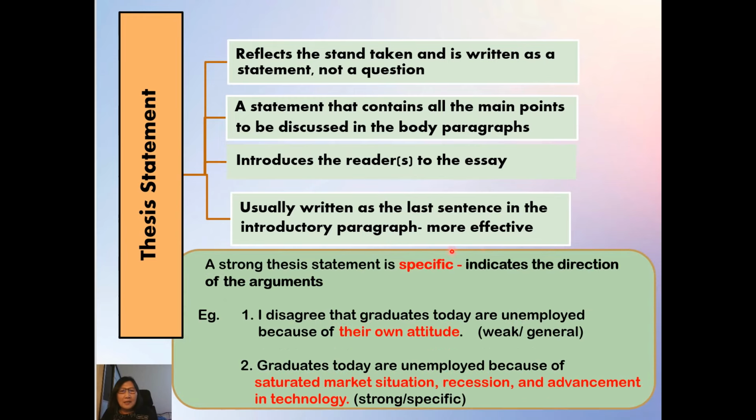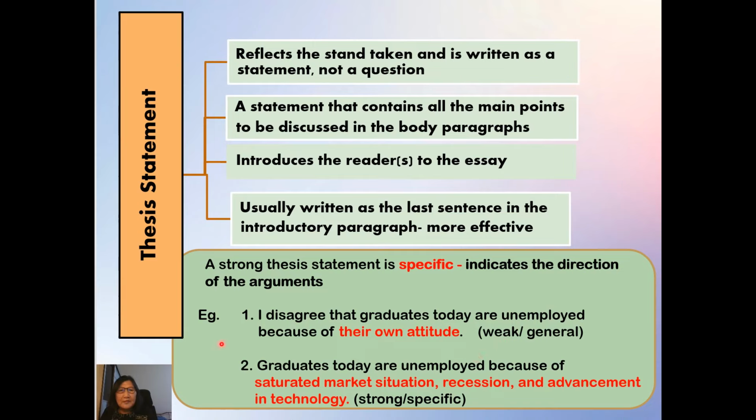There are two types of thesis statement, which are general thesis statement and specific thesis statement. A strong thesis statement is specific because it indicates the direction of the arguments. Now let's take a look at the two examples given here.